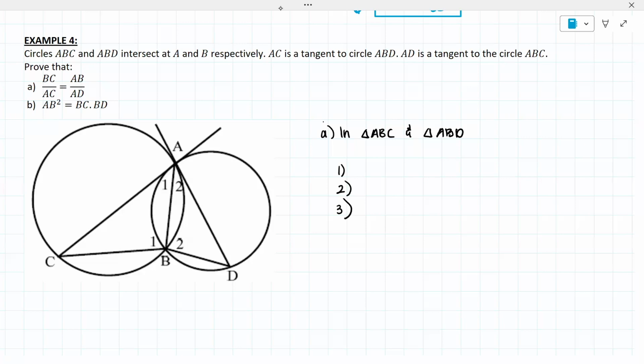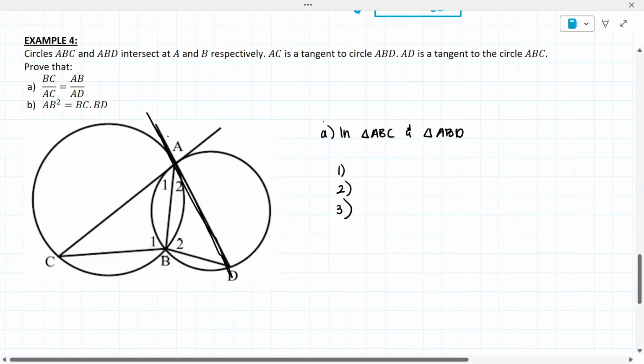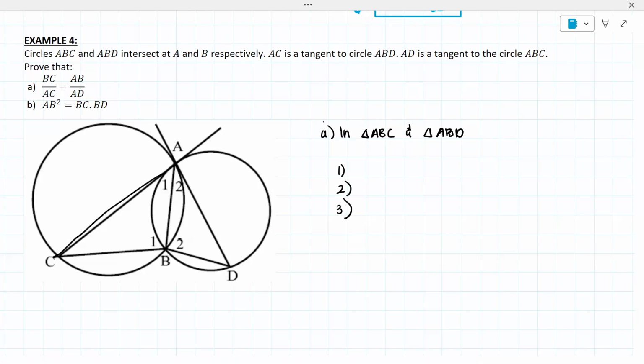So if we go and have a look, I've already said to you that because of this chord AD, this chord is tangent AD, and the chord angle A2 is equal to angle C. So that's one thing we can already say. Angle A2 is equal to angle C, and this is because of our tan chord theorem.